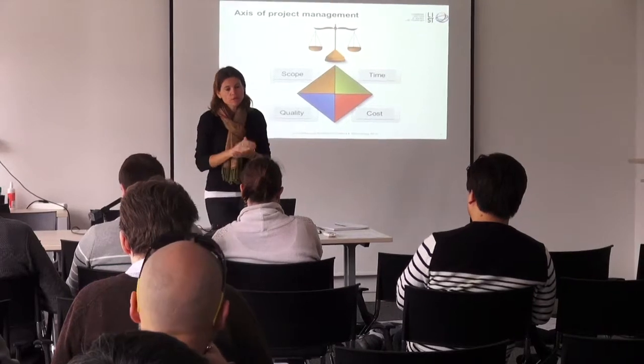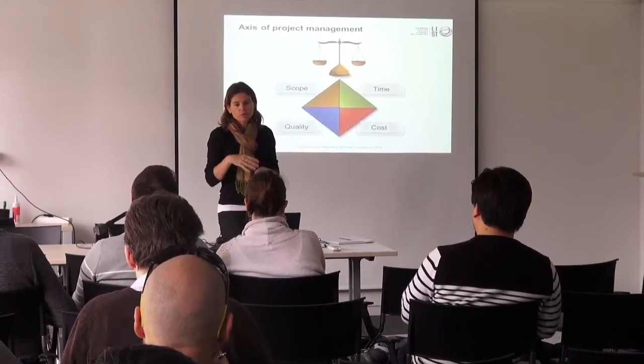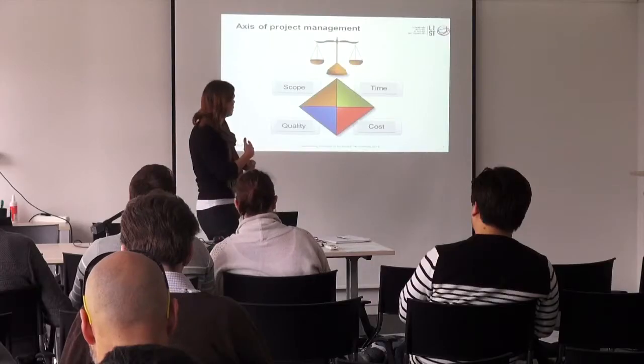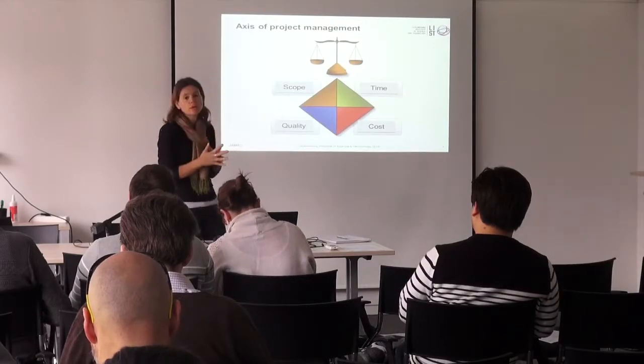In the literature, people talk about the triangle of project management: the scope, what you're going to do; the time, how long it's going to take; and the cost, how much it's going to cost. And quality is not shown. I like that diagram because it also shows quality.